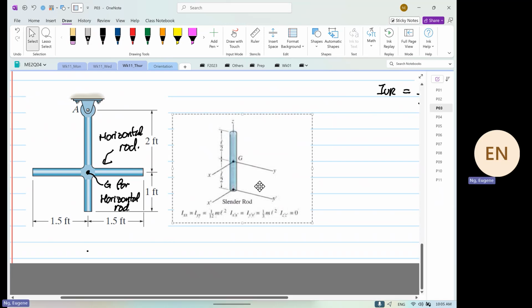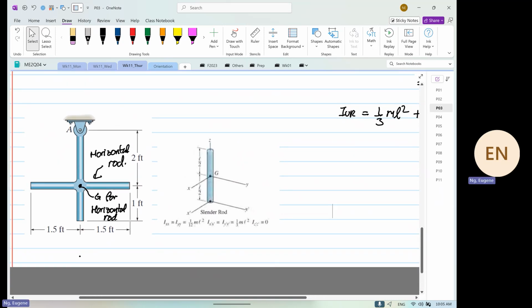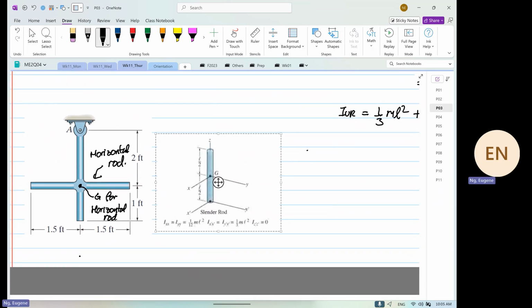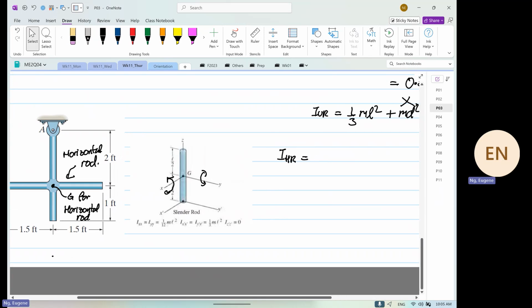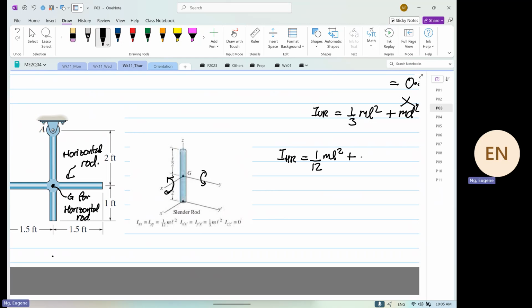Okay, and this is the diagram. We know the formula to use for the I of the horizontal rod will be equal to what? The rod can rotate either this direction or this direction. So we know that we are going to use 1/12 ml squared plus md squared.